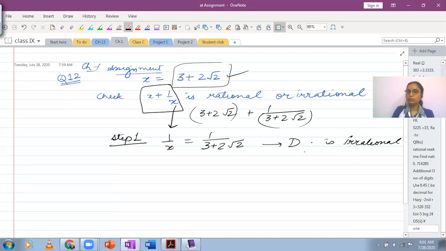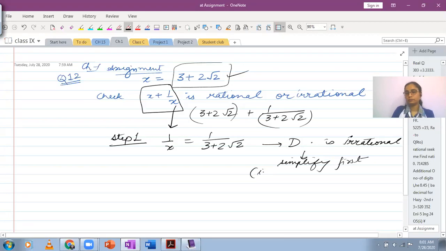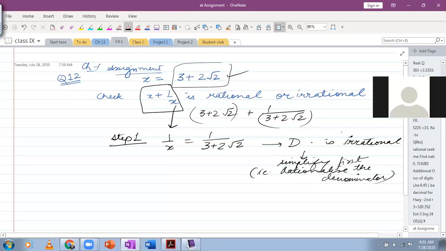So I just want to simplify this first. Simplifying means I would like to rationalize the denominator here. This is what I want to do. I want to rationalize the denominator first, and then I'm going to go back to what's given to me.